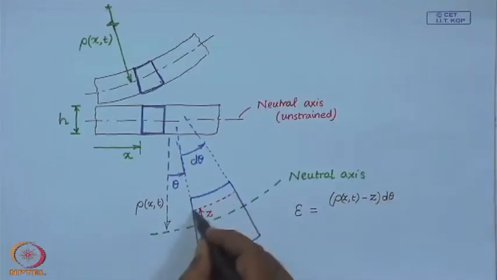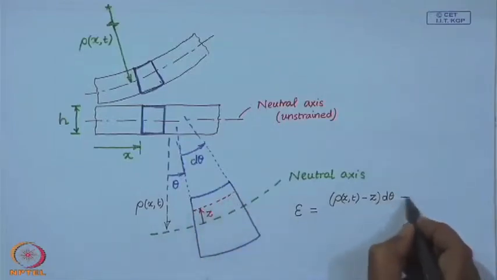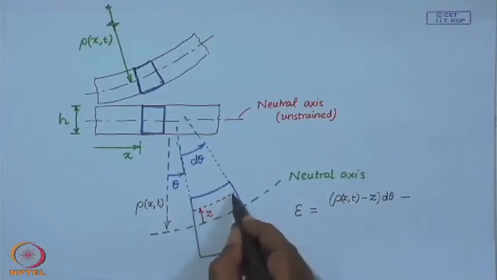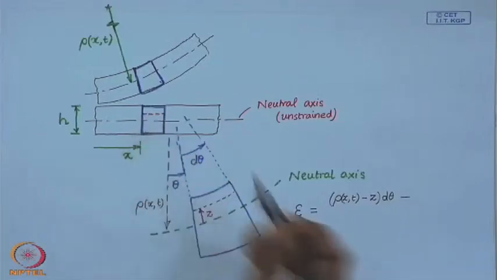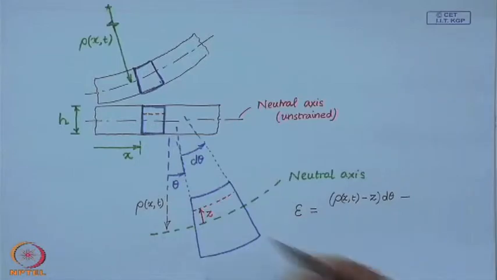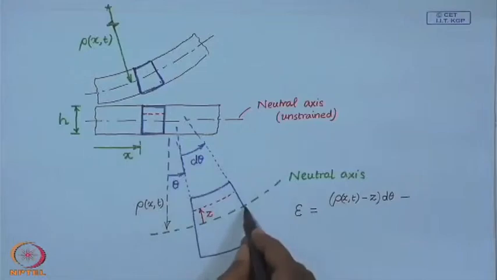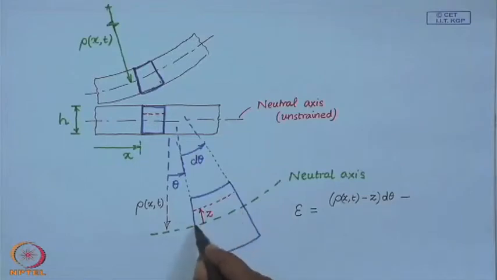Its undeformed length before deformation, as you can see, is the same as rho times d theta, since this length remains unchanged. So, this in the undeformed configuration was of the same length as this.